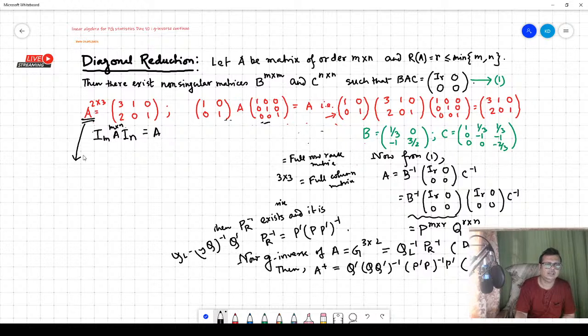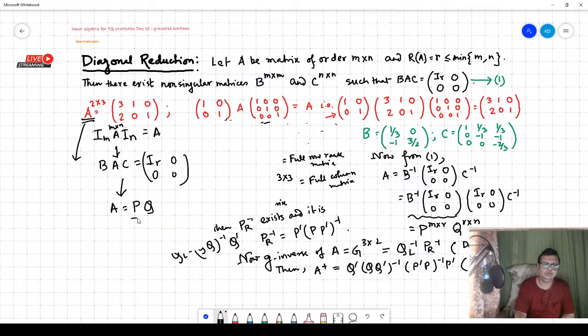After row operation and column operation simultaneously, you get a matrix BAC, which gives I R, 0, 0. So from this you find the rank factorization PQ. After getting P and Q, you can easily find the G inverse and Moore-Penrose inverse.